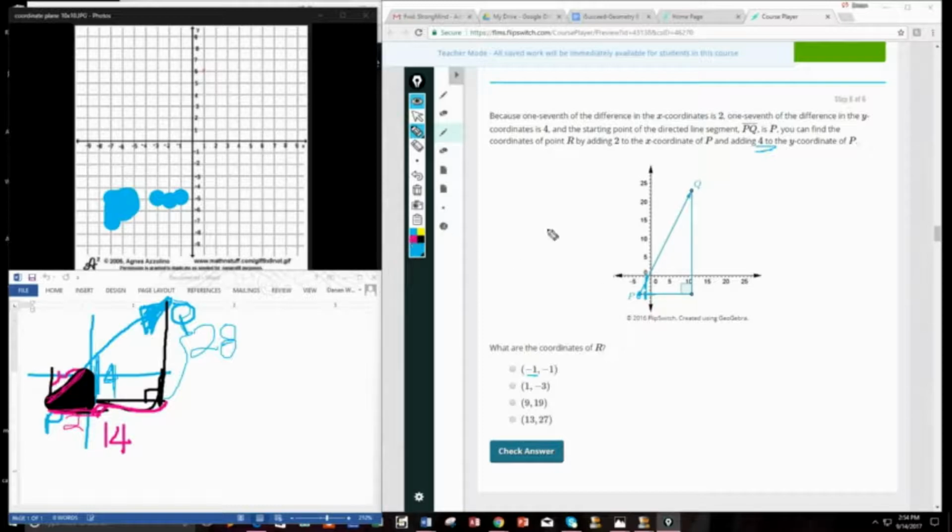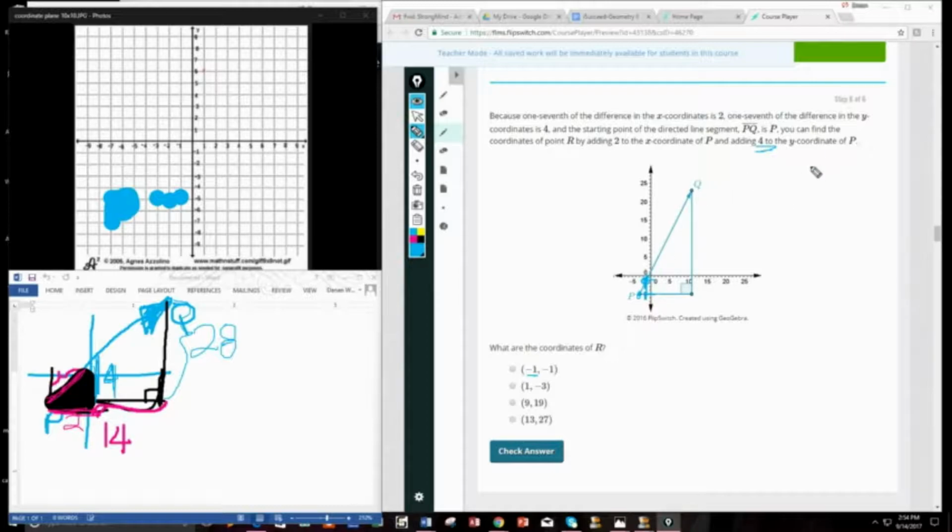And then we would count up 4 units because that is 1/7 of the total distance of our original triangle. So this is going to be up 4 units. So -5, and counting 4 up is going to end at -1.